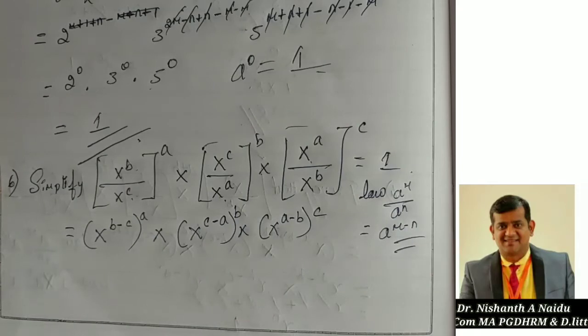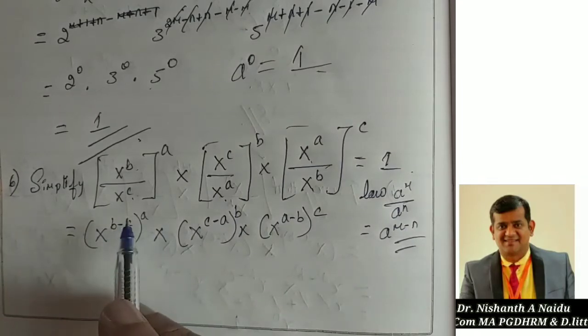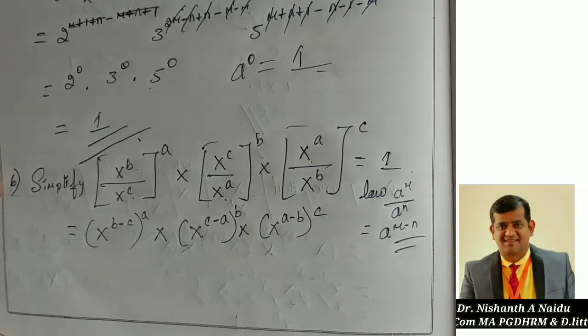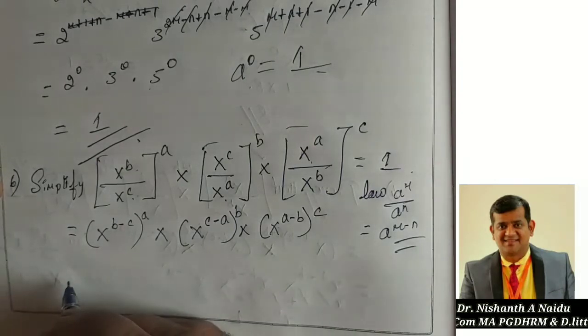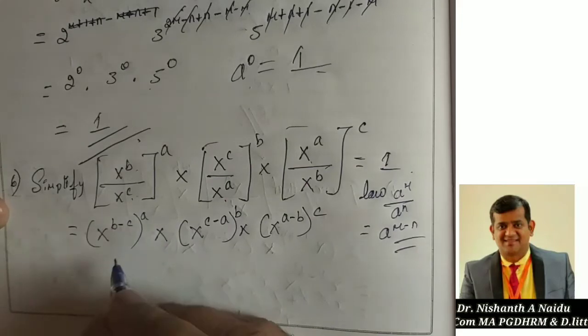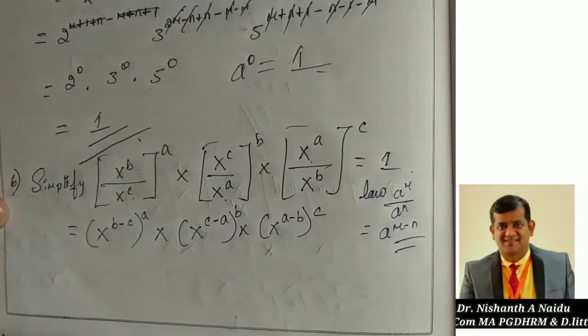Clear? When a power and a whole power are there, we have to multiply. So that is b into a, c into a.